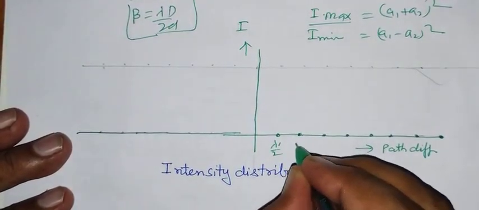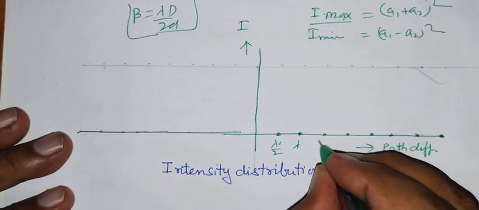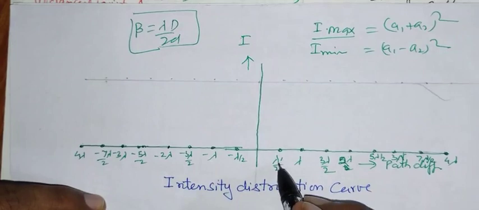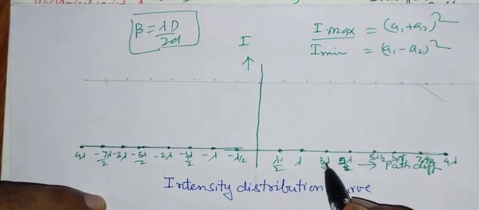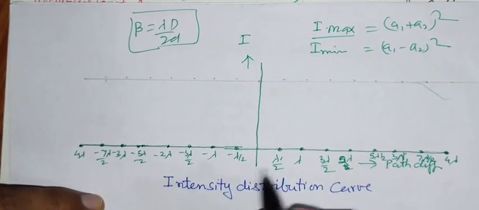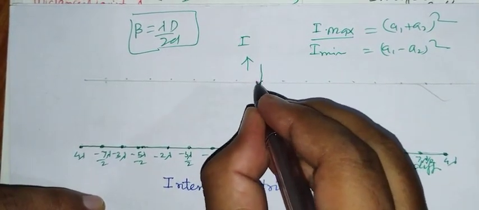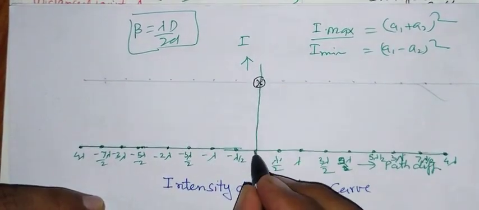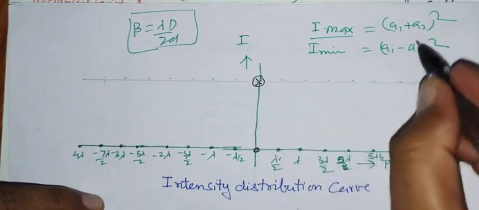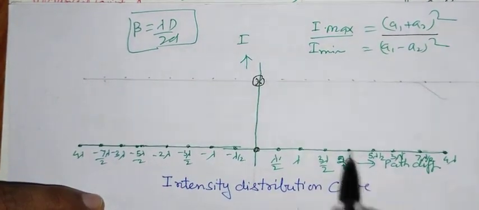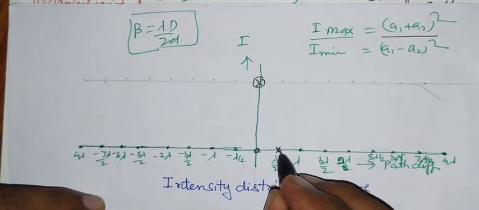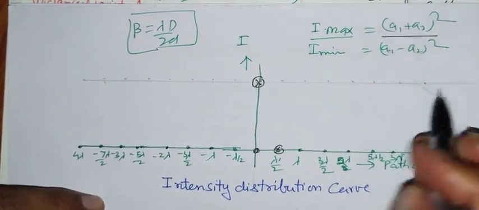Lambda by 2, lambda, 3 lambda by 2. Now see, this is lambda by 2, lambda, 3 lambda by 2 and so on on the right side, and in the negative direction on the left-hand side. Since we know that the center fringe is bright, at path difference 0 the intensity is maximum. At lambda by 2, at this situation, there is a dark band with minimum intensity.